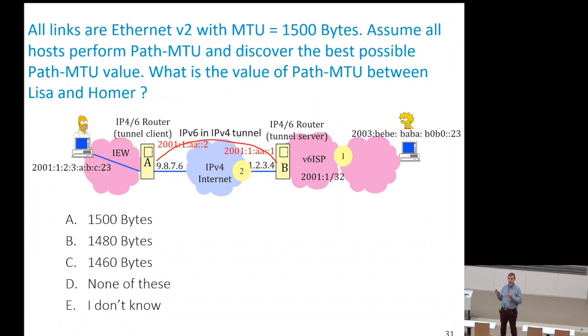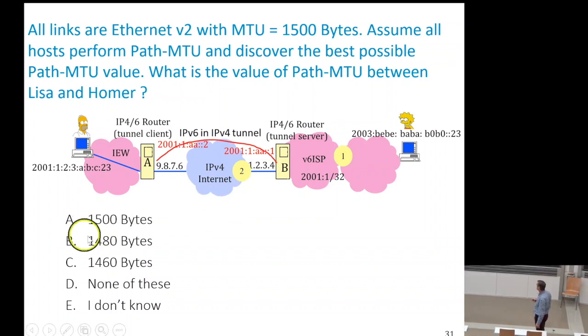So the path MTU is, from the IPv6 viewpoint, what is the maximum size of an IPv6 packet that I can carry in an IPv4 packet. The IPv4 packet itself can be 1500. There's 20 bytes of header for IPv4, so it's 1480. So the correct answer is this one, if there is a native encapsulation as we have seen.